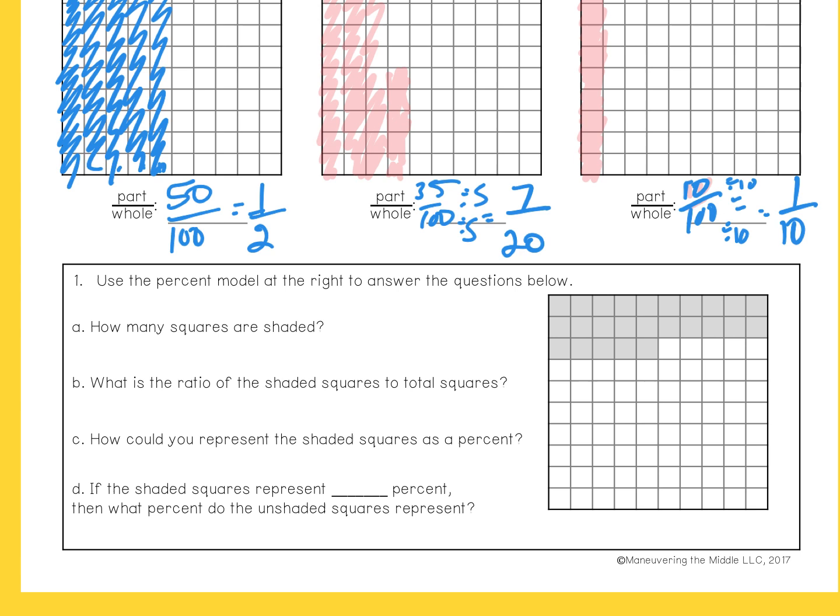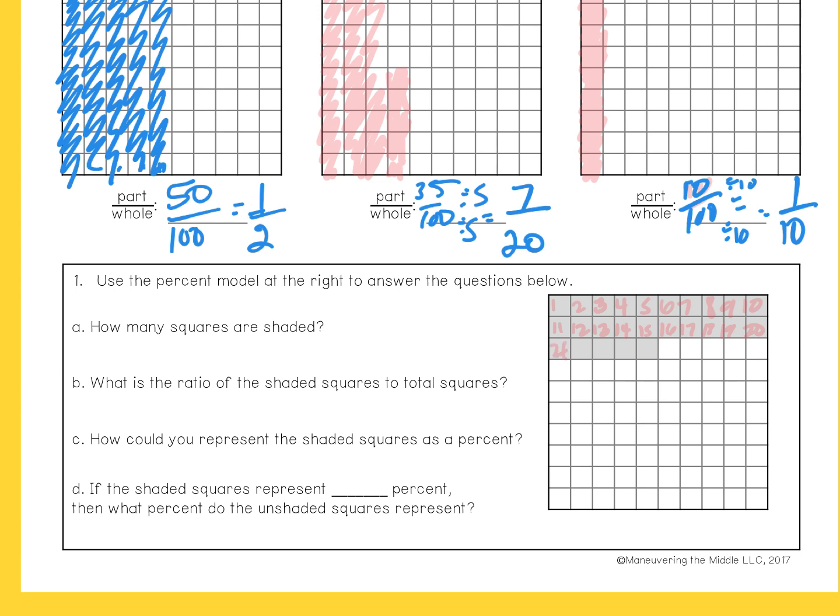All right, now we are going to use the percent model at the right to answer the questions A through D. A says, how many squares are shaded? So I'm going to go ahead and count my squares. 1, 2, 3, 4, 10, 20 in the first 2 rows.